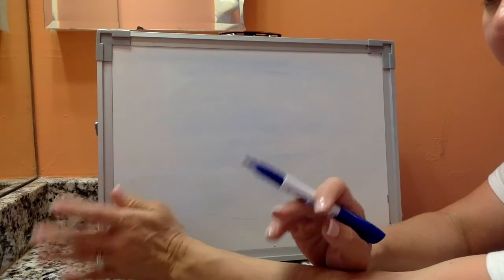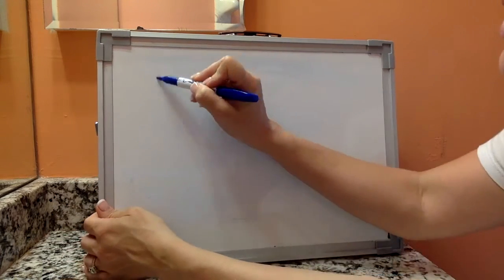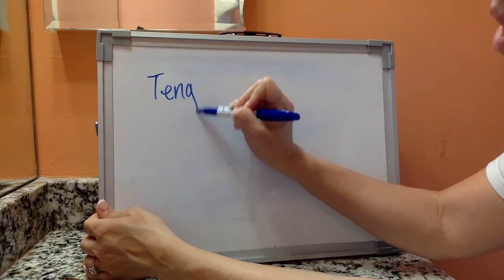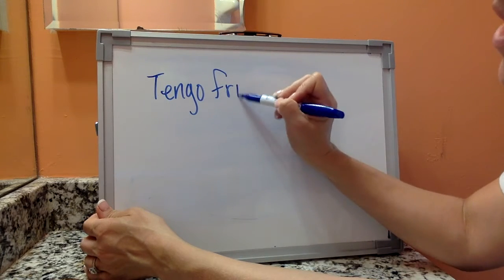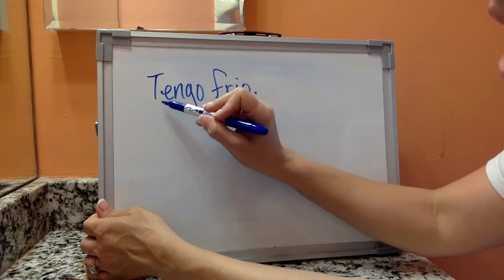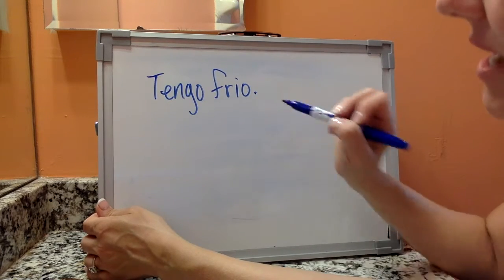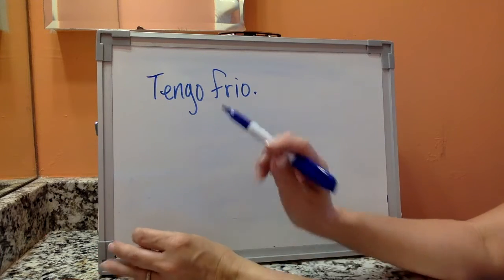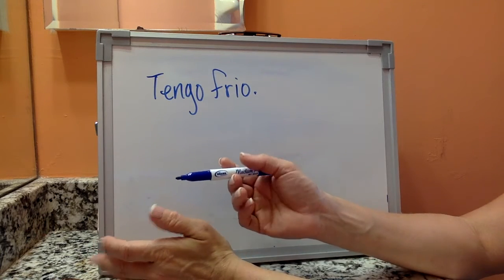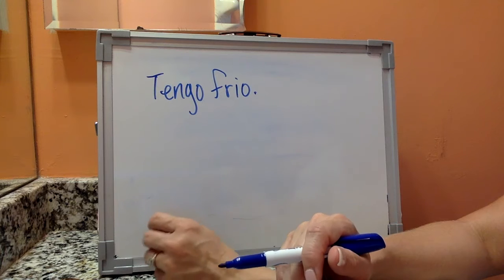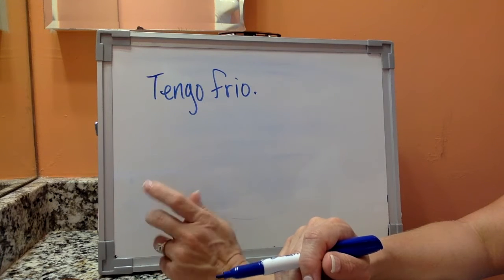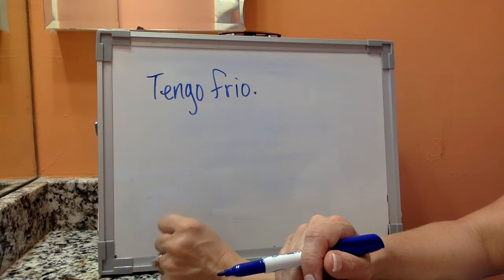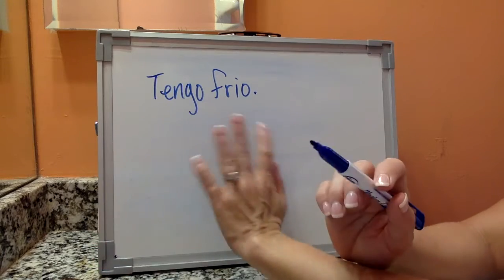So rather than I am cold, you would say tengo frío. Okay? So I have cold, okay? These are those expressions on page 93, 94 in your book, and you just have to memorize them, okay? So you have tener frío, tener calor, tener suerte, and so all of these are just expressions.